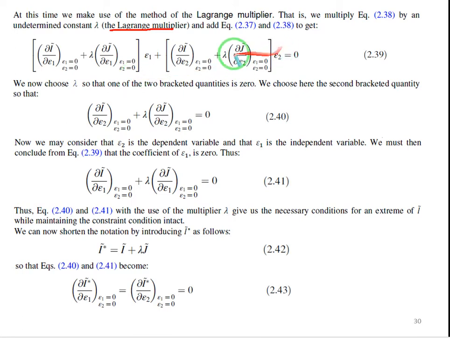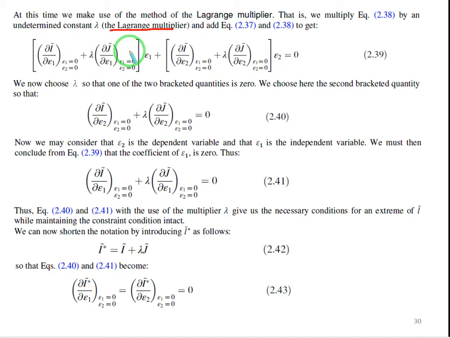Okay, we know that epsilon 1 has an arbitrary amount, is a variable which is not zero.